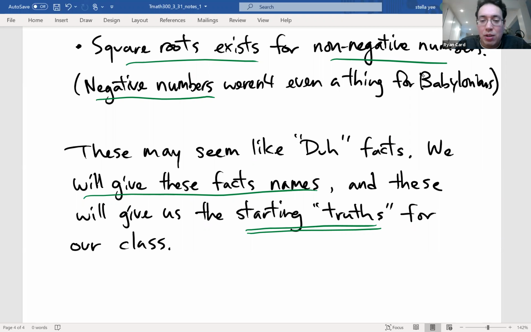We'll use those as facts and prove theorems about numbers. So that's what we'll do. This will come at the end of the chapter, so we won't get there until next week. I think we'll get there Tuesday next week. But this is our motivation for trying to nail down the basic facts about numbers that we're going to be using.